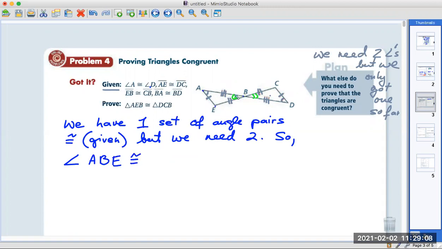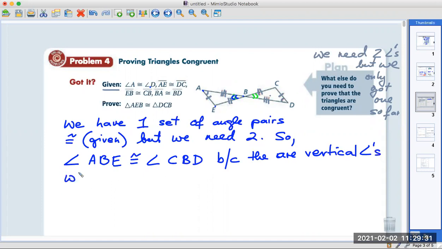So ABE is this angle here, and it is congruent to, try to name this one yourself, CBD, because they are vertical angles, which are congruent.